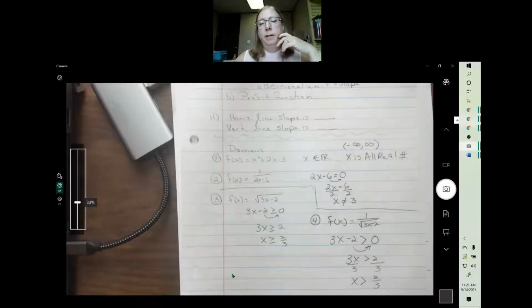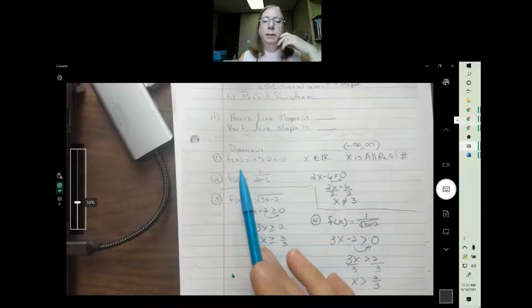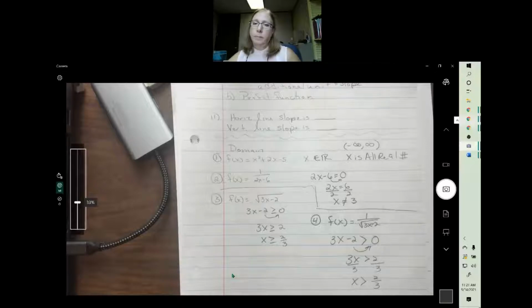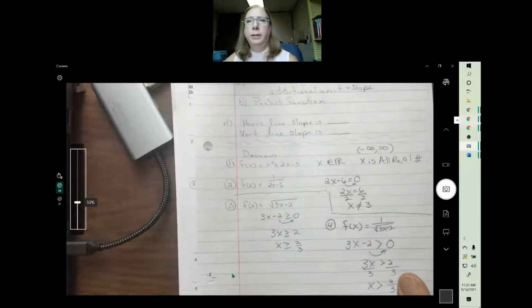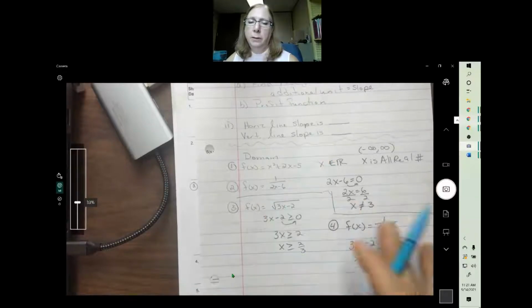Usually on an exam, I'll have A, B, C, D. So it would break it into 4 parts, find the domain for each of them. And this will be on the take-home part since we didn't officially write it out.